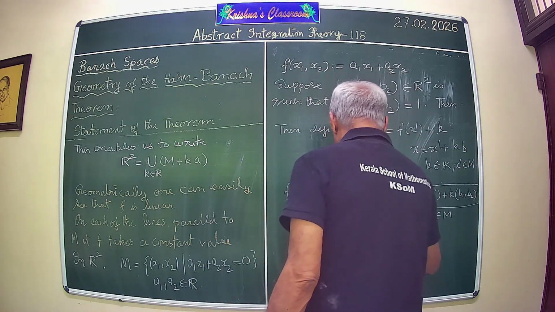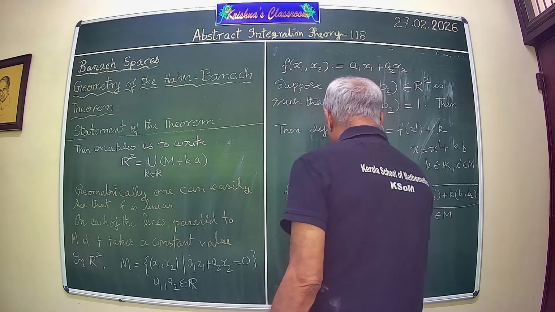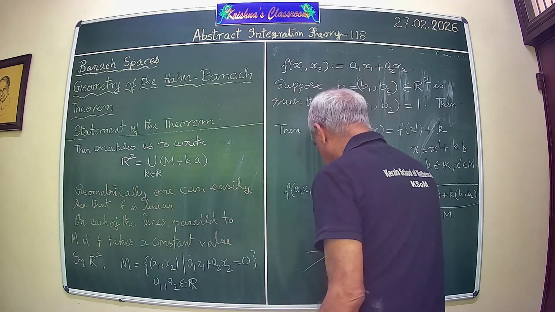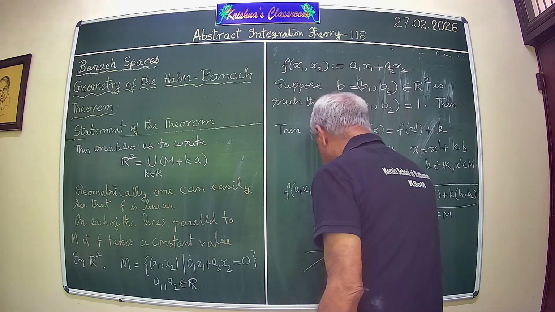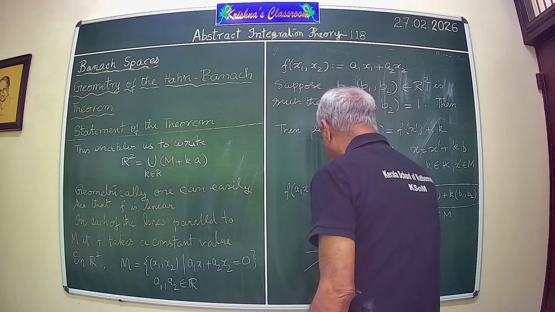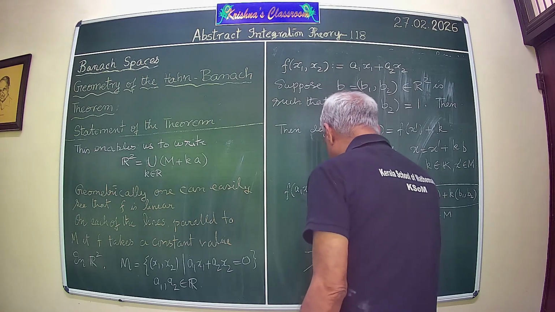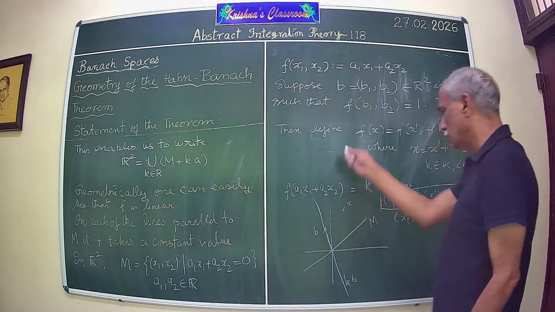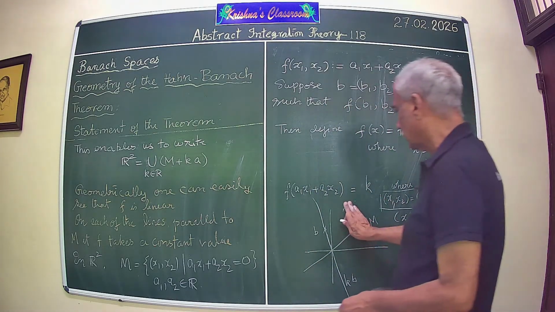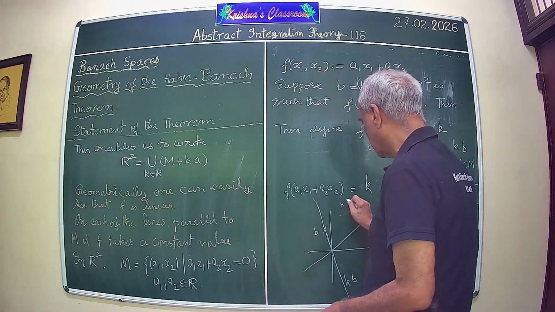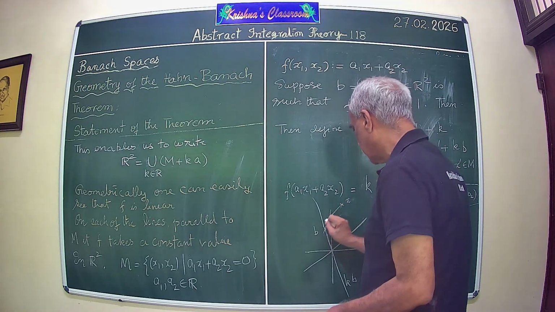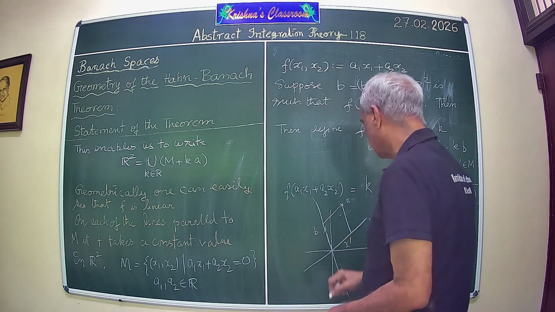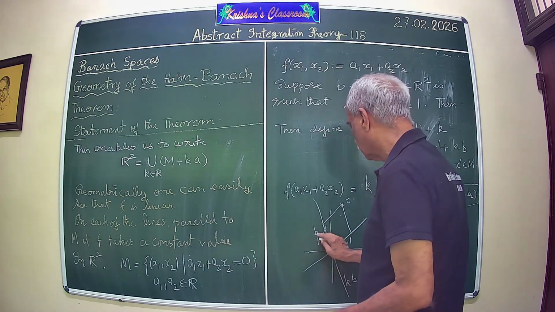This is the line M. You take any x belonging to this and fix a B. This is B, KB. This is the line KB. Now you see that you take any x belonging to that, then this can be resolved into a vector x prime plus some KB.